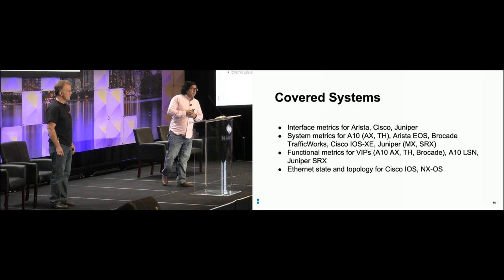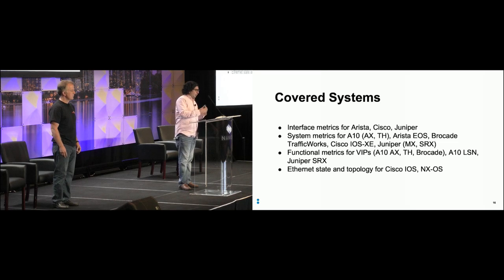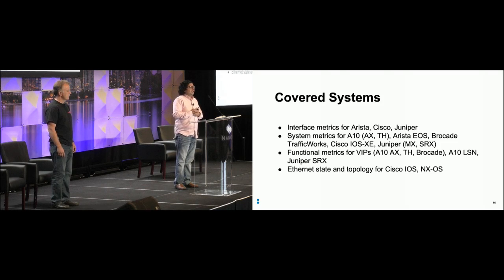The plugins that we have already written have support for Arista, Cisco, and Juniper metrics. We have system metrics, and we have something we call functional metrics, which go beyond just CPU and memory. They're very device and platform specific, and more importantly, they're usage specific. So if you're using an A10 load balancer for load balancing, we have different functional metrics versus when we use it for large-scale NATs.